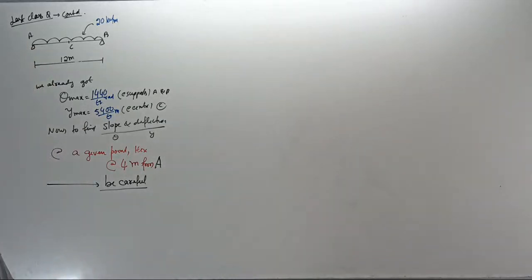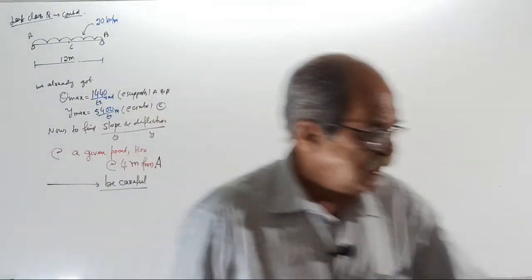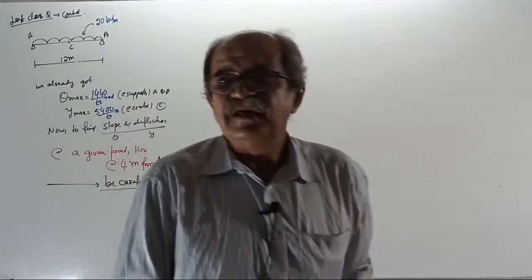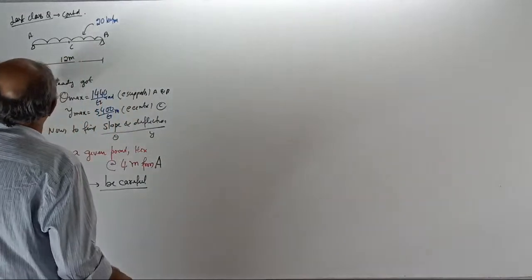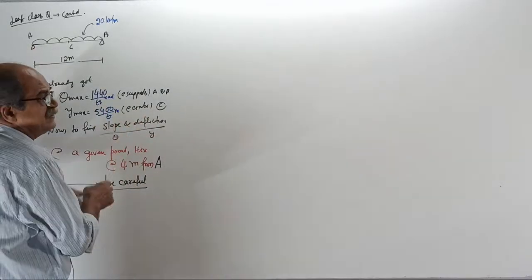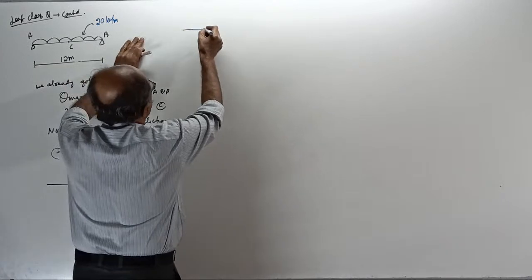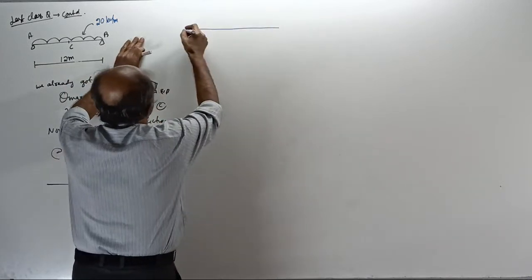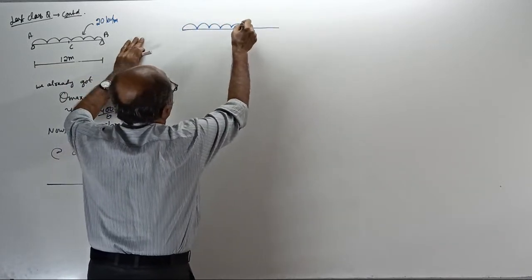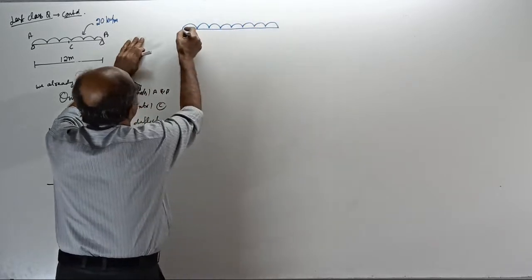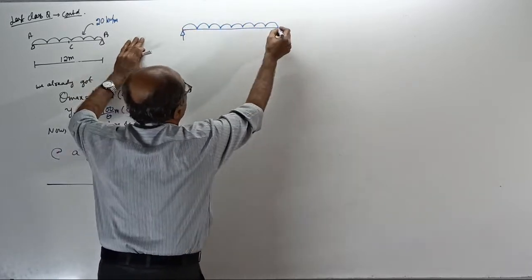Now, important is what? Before going further, I will put the beam once again. See, this is the beam. UDL is here. Be very careful. This reaction we are not bothered to calculate.